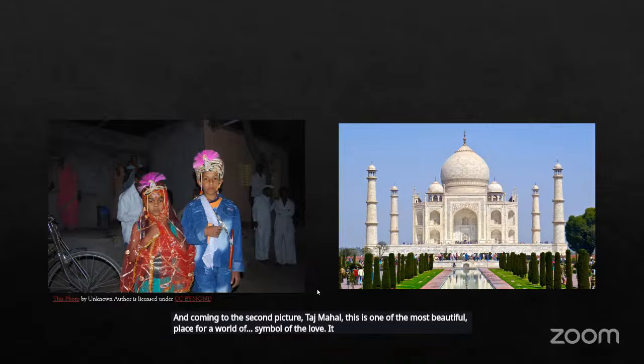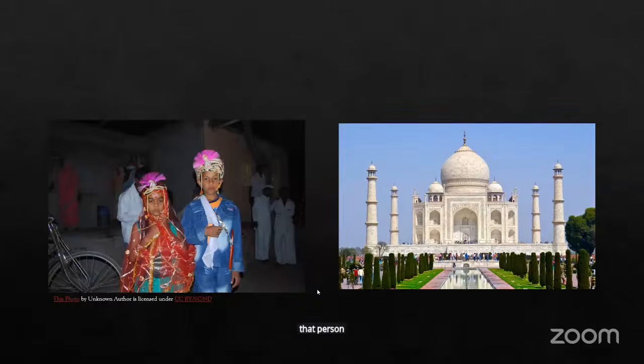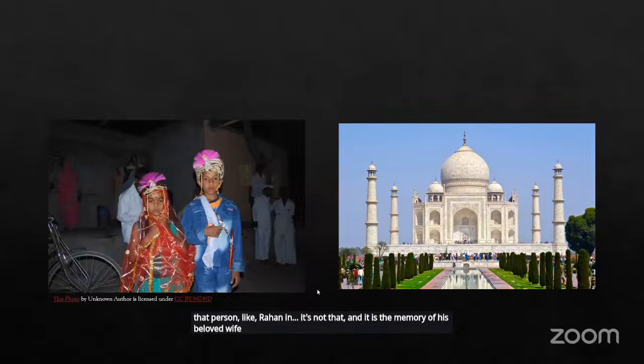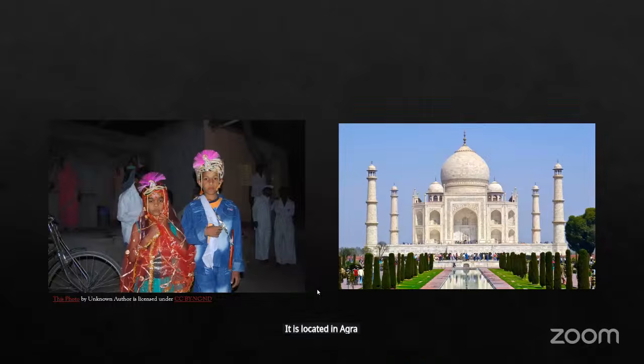It was built by the Mughal emperor Shah Jahan in memory of his beloved wife Mumtaz Mahal. It is located in Agra, my favorite place, sir.